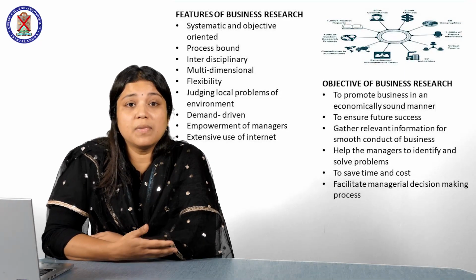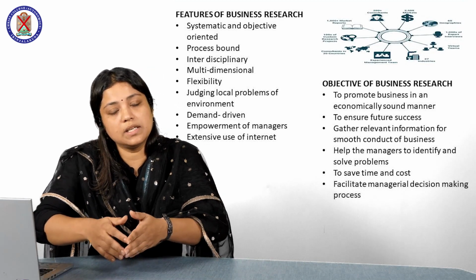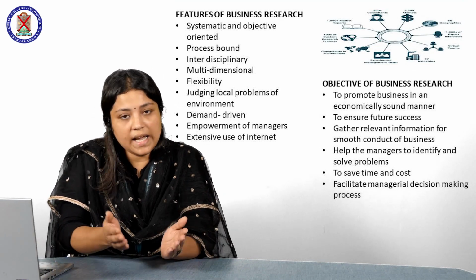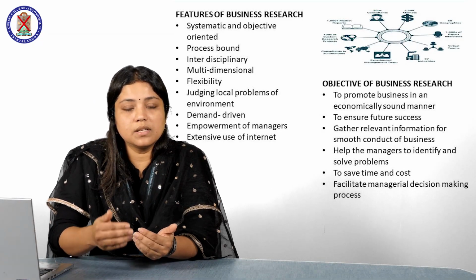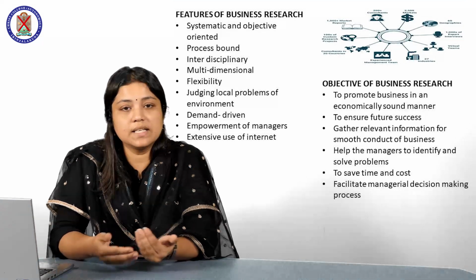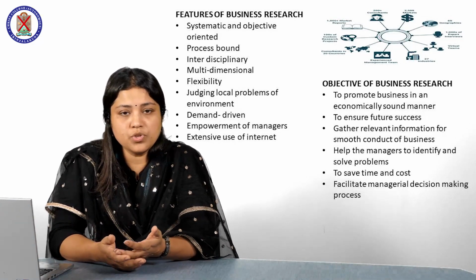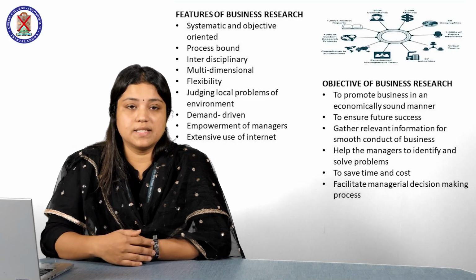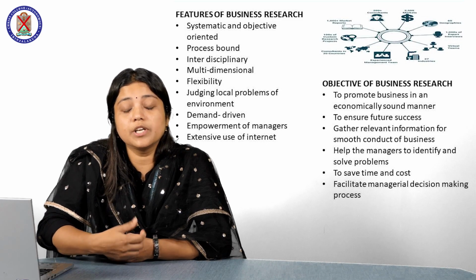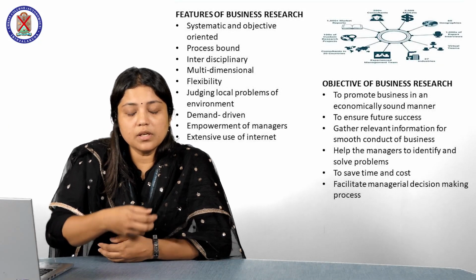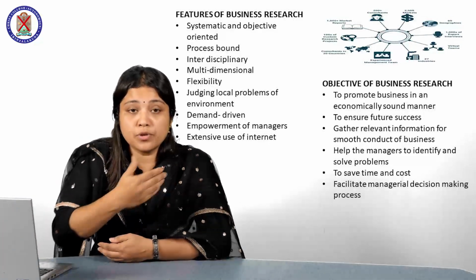It is also termed as a multidisciplinary approach. We know business, management, a number of areas we know. Likewise, research also has a multidisciplinary approach, because research has taken a number of ideas and concepts from different disciplines, so it is termed as multidisciplinary approach. Research should be flexible, it should not be rigid. Why should it not be rigid? If it is going to be rigid, we cannot conduct the research, because we know the number of steps, we will discuss later the number of steps or the process of research.